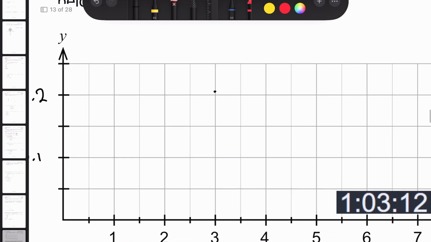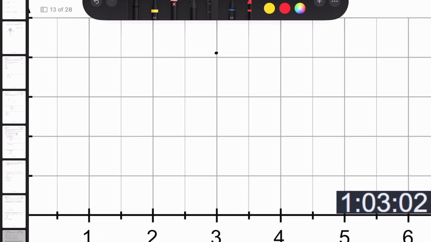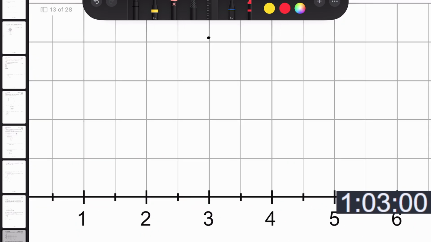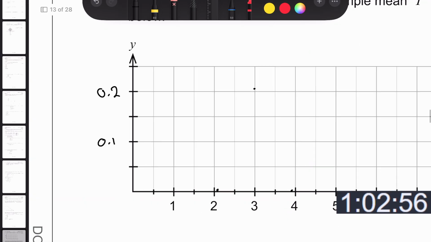0.3, right? So that means that at about 3 times 0.3 is 0.9. So 2.1, we should already have 99% of my distribution.